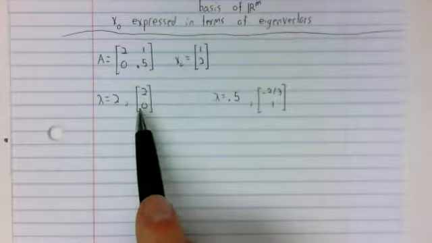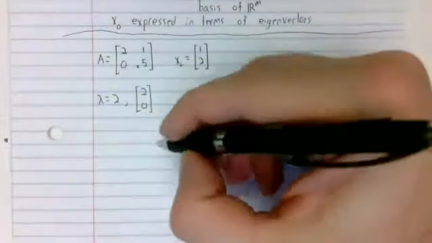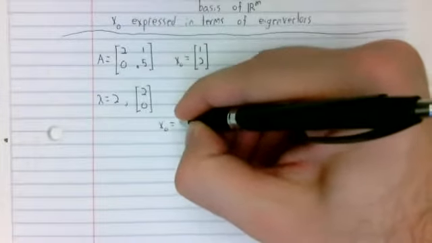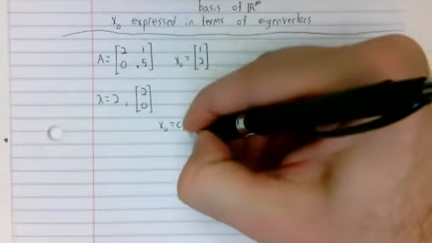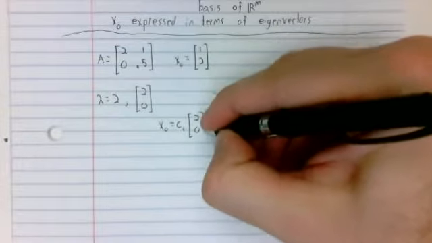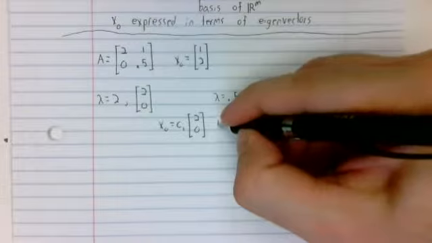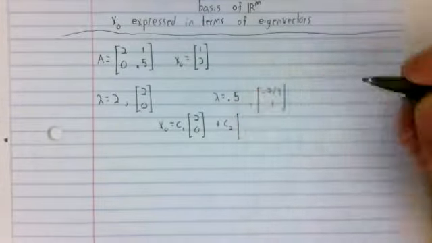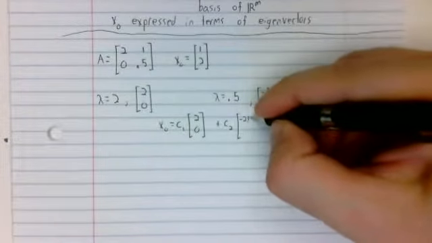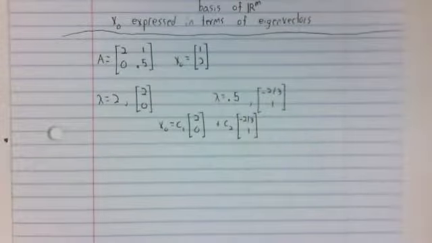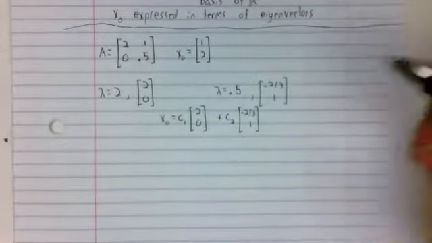And we need to express x sub 0 in terms of these eigenvectors. X sub 0 is C1 times the first eigenvector plus C2 times the second eigenvector.